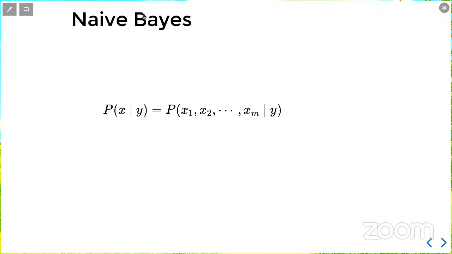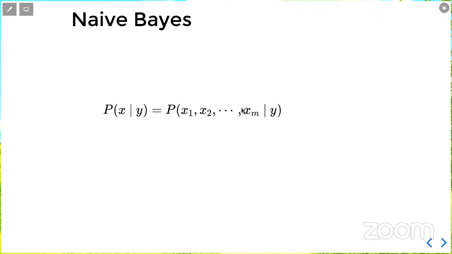So this part is clear, right? That we are trying to learn P of X given Y, or we are modeling P of X given Y. So X is a feature vector. There are M features, X1 to Xm. So we have these M variables given Y. This is what we have to model.